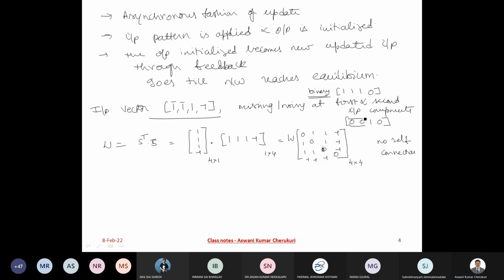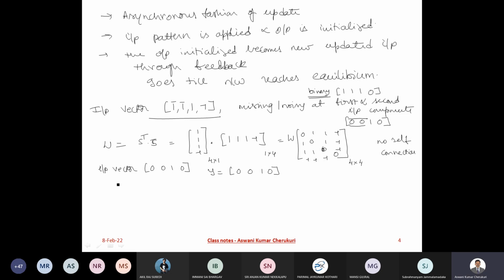Okay, so let us take my input vector as 0, 0, 1, 0. And obviously, since it is the first iteration, your input is also initialized at the Y layer for the network. So Y is also 0, 0, 1, 0.